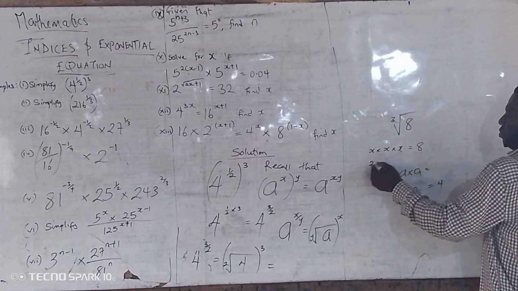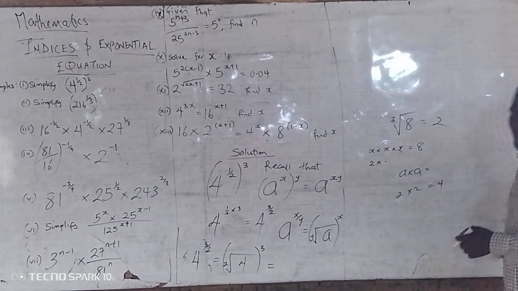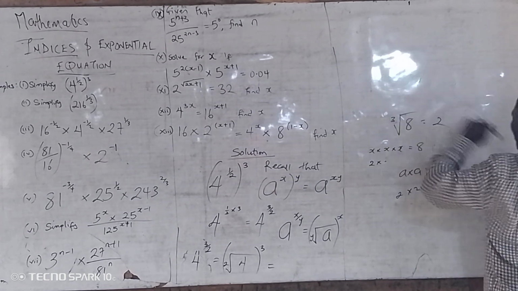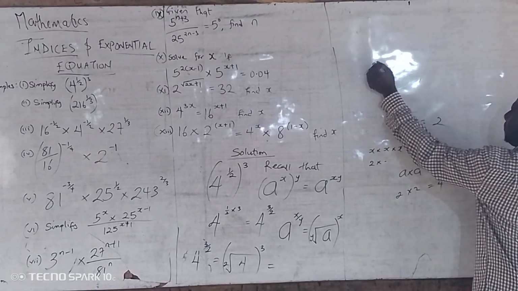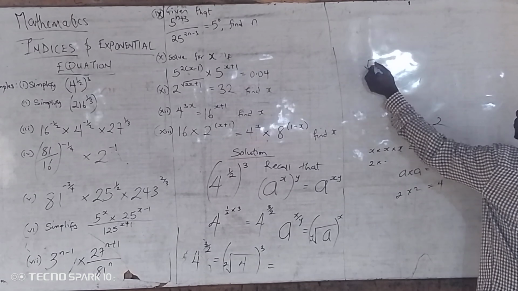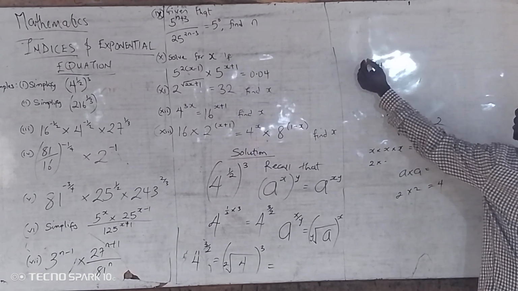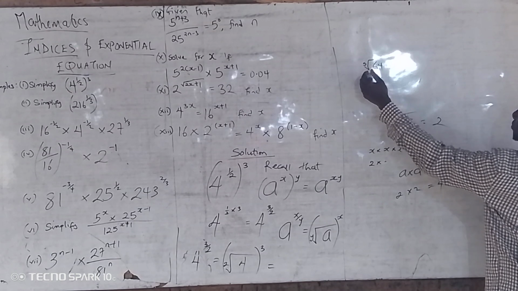And that number is 2. So this answer will be 2. Let me take another instance. If, for example, you have, let's say, 25, or no, let me use 64, and you have 5 here, or 6.